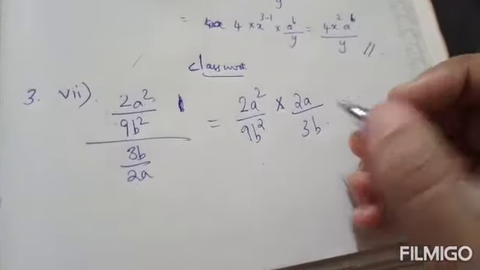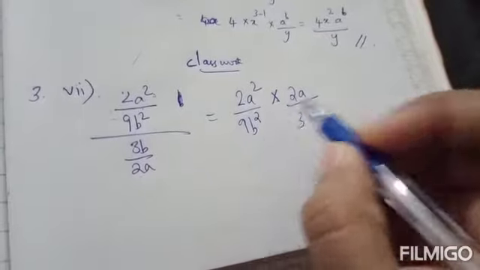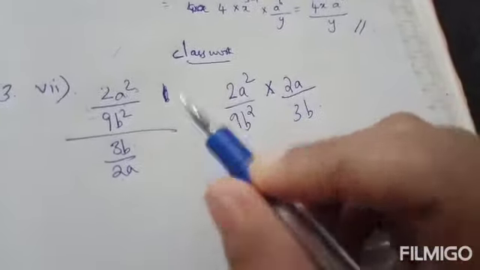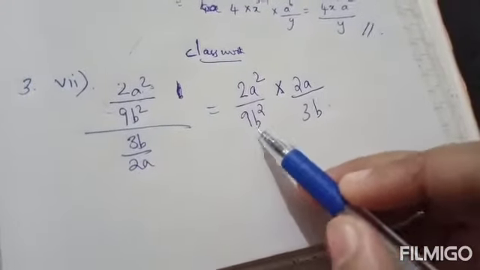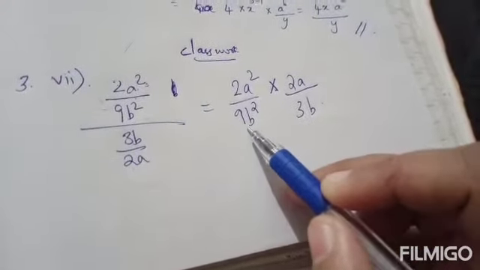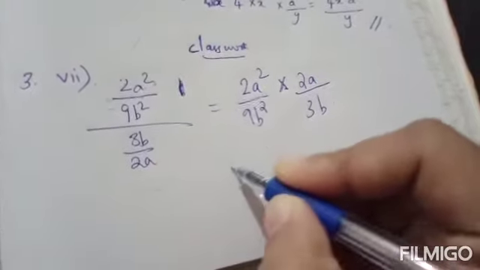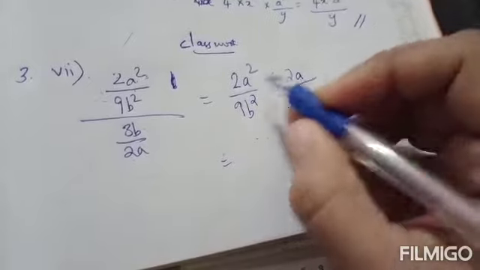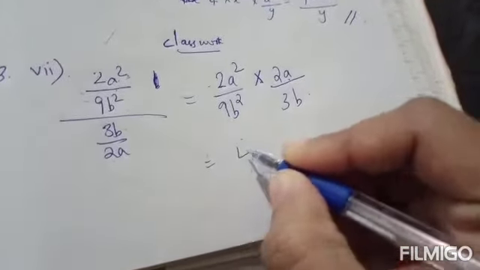Okay. So, you know 2a square. Now you can multiply the numerators, then you can multiply the denominators. So 2a square into 2a you can do. So 2 into 2, it is 4.